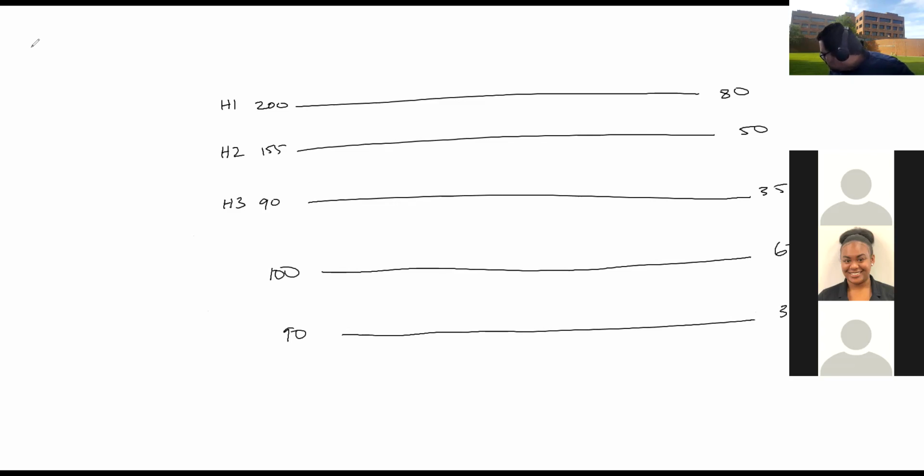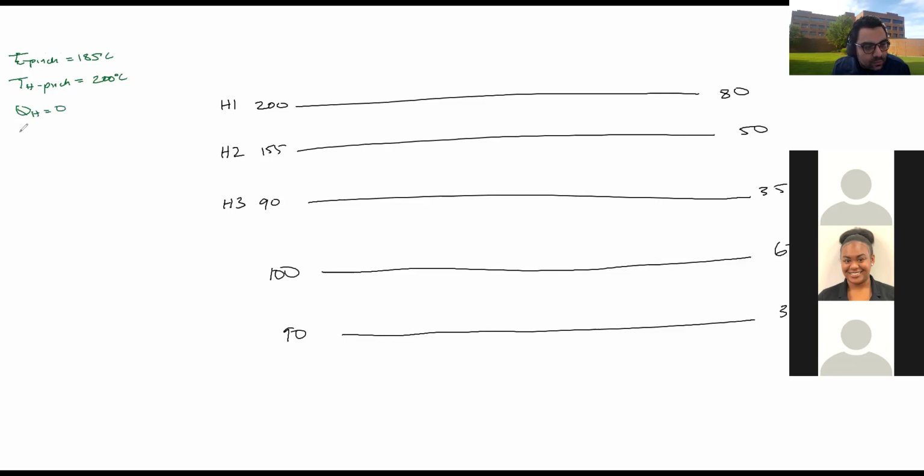So we said my cold pinch, TC, in this case is 185 degrees Celsius. My hot pinch, 200 degrees Celsius.